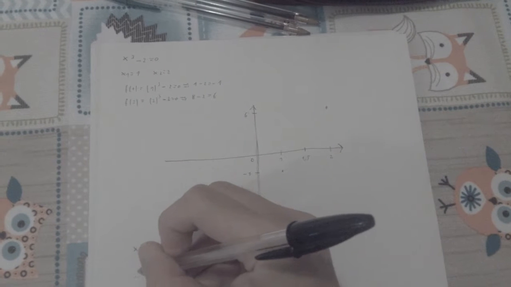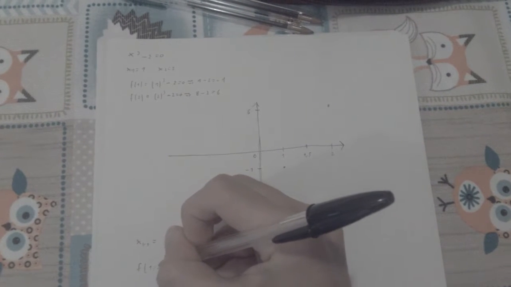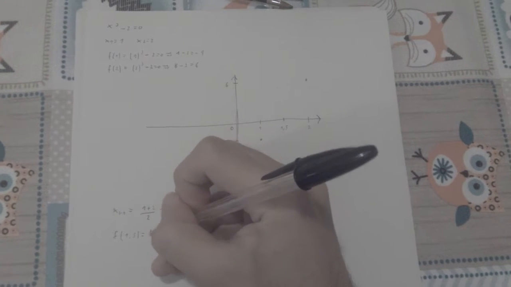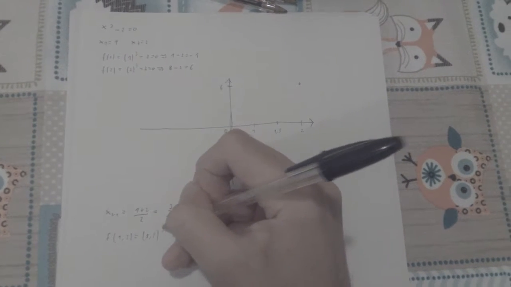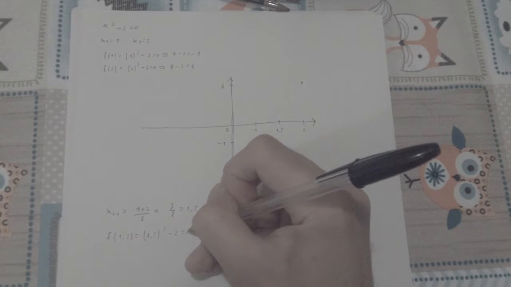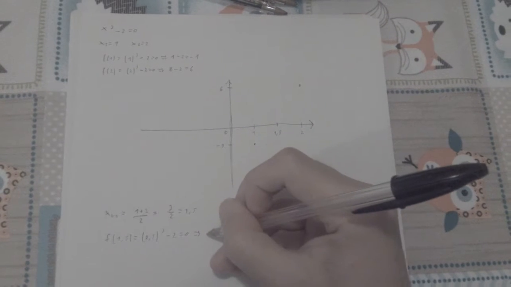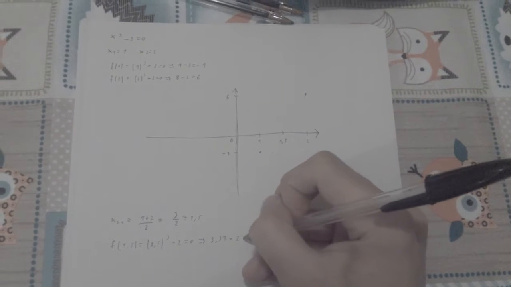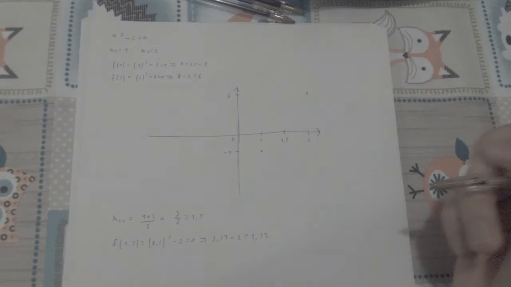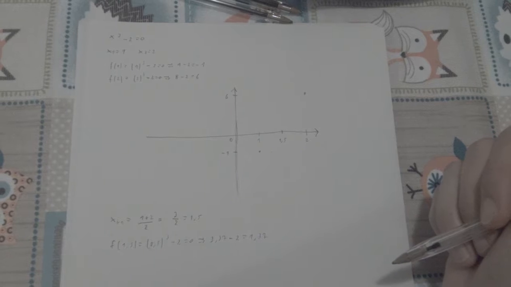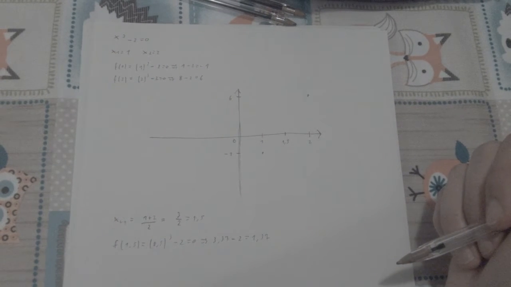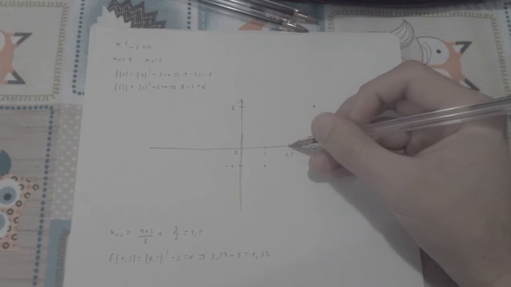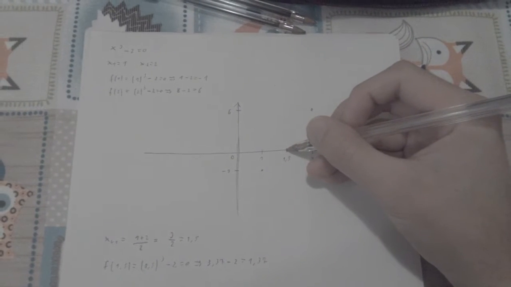So f of 1.5 is 1.5 cubed minus 2, which gives us 3.37 minus 2, so 1.37. And at 1.5, the function is positive.